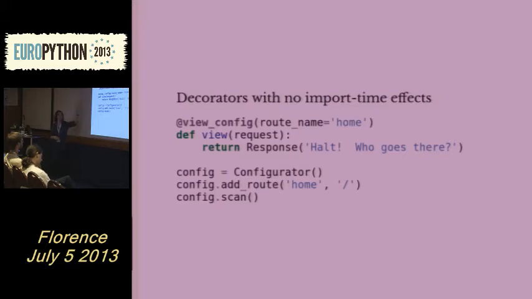The only thing this decorator does is marking the view with some callback that is called later. It's called when I do a config.scan. When I call this config.scan, the callback here will be called, and the view will be added to the configuration. And that's a nice property because we don't have to count on import time effects, which can be troublesome in some situations.